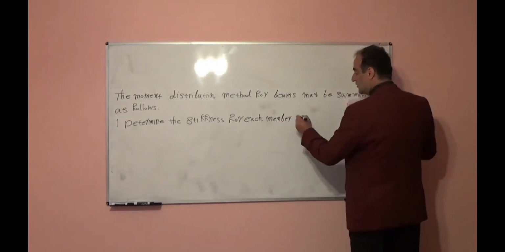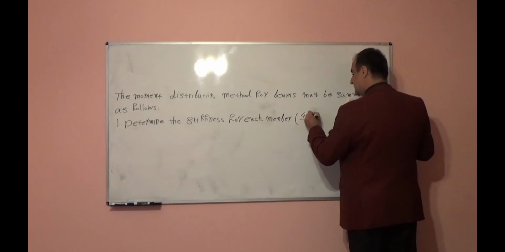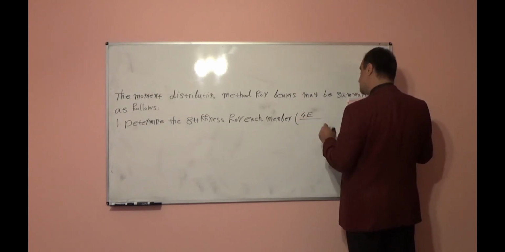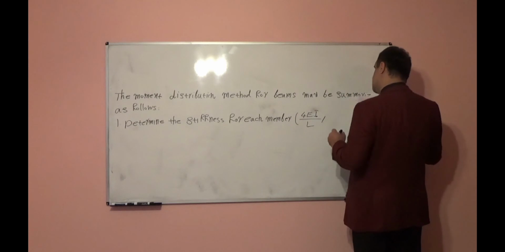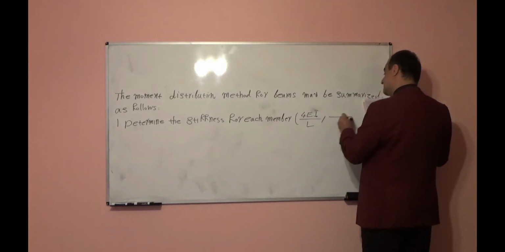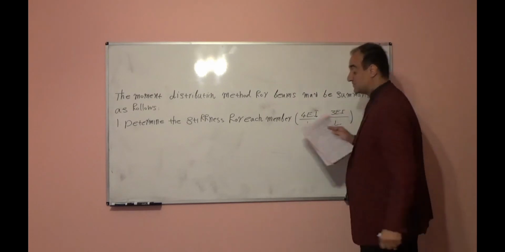We know the formula we will use. If the far end is continuous or fixed, it is 4EI over L. If the far end is hinge or pin, that will be 3EI over L. This is the first step.